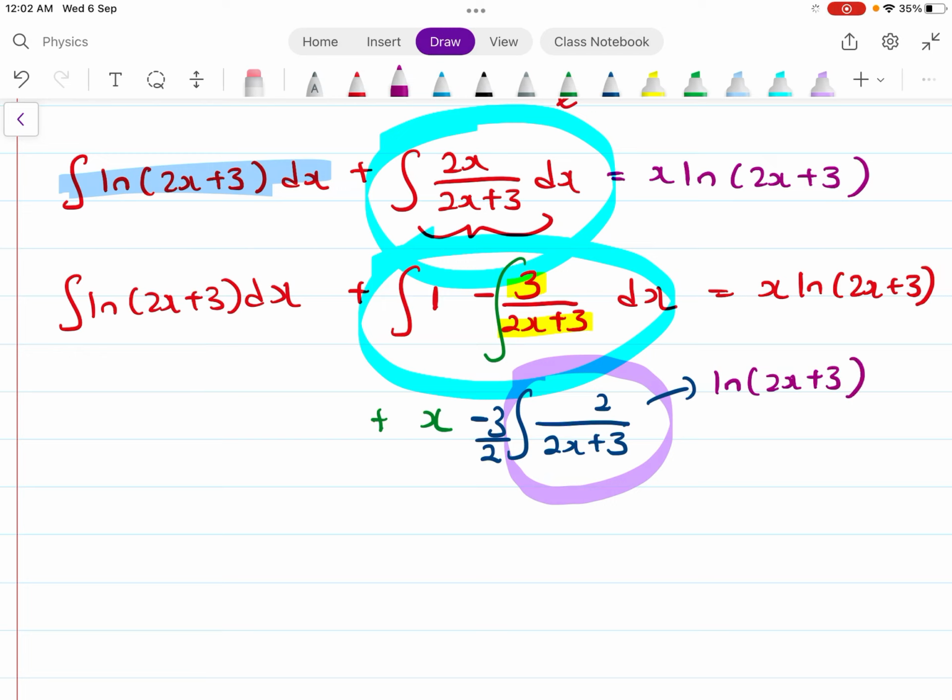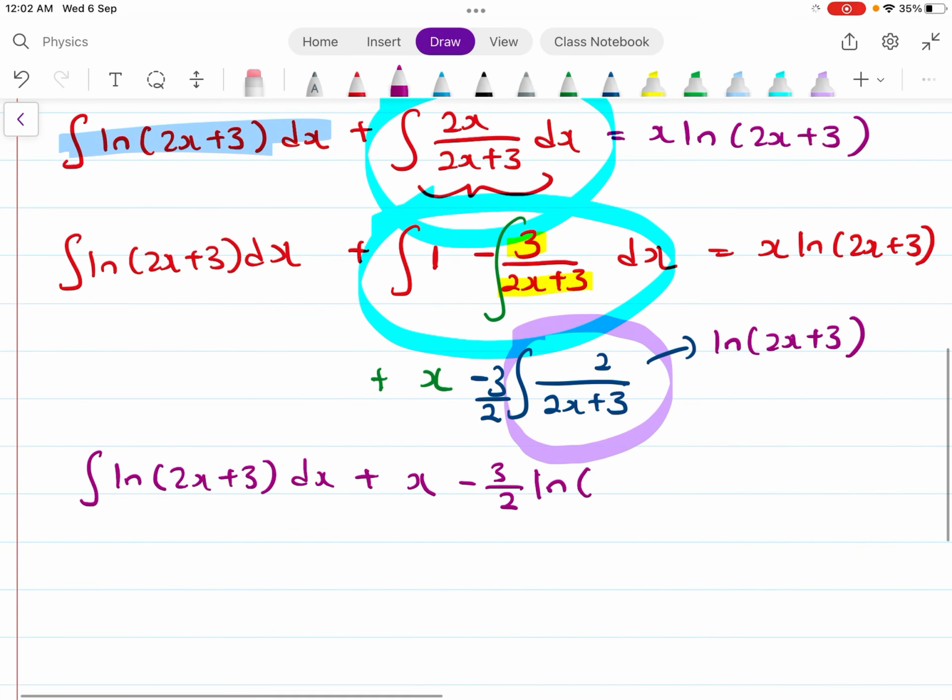So let me just write it all down. So the integral of ln(2x+3) dx plus x, then minus 3 over 2, right? Then of course, you integrate already, so you don't need to put an integral sign. So it's ln(2x+3), then put a bracket, and it equates to x ln(2x+3).